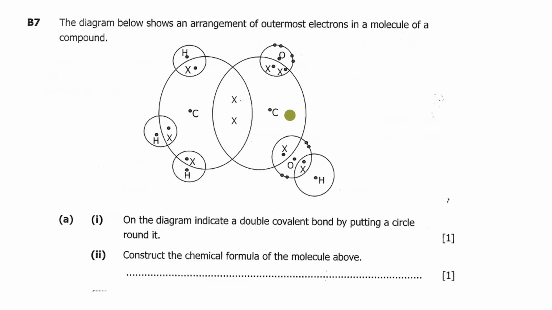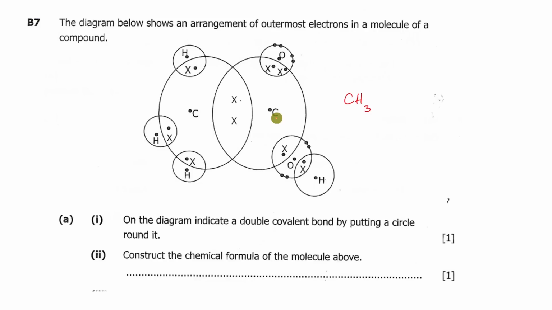Then we have oxygen, oxygen, hydrogen. So we have how many carbon? Two. This carbon here has how many hydrogen attached? One, two, three. So you put three hydrogen attached to it.